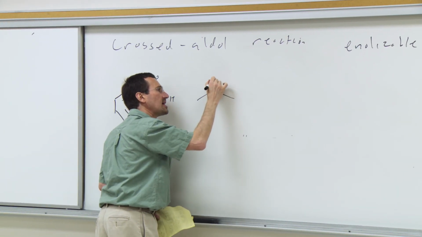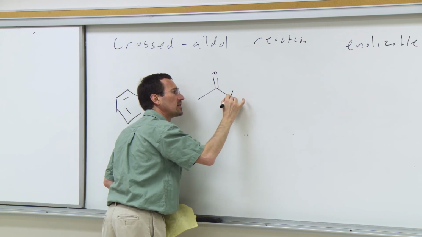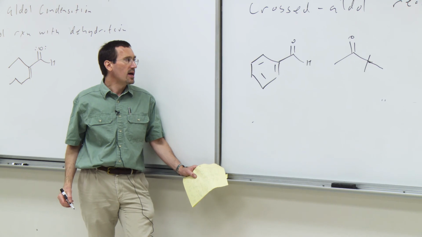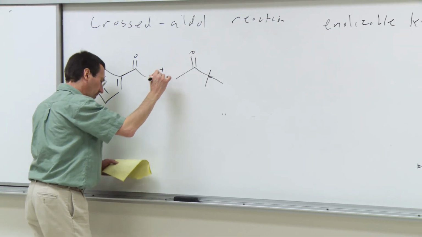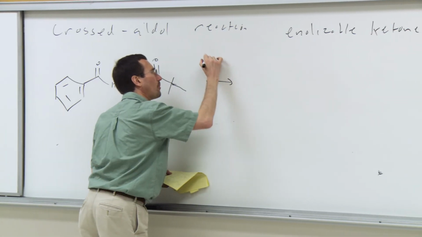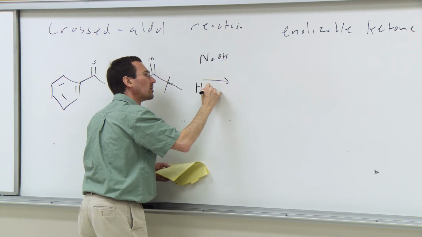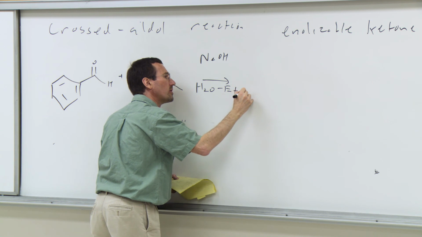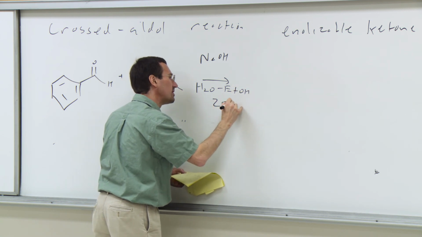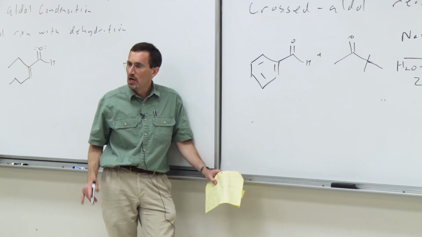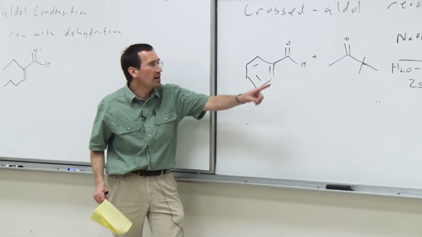And so if I take, say, pinacolone, as it's called, 3,3-dimethylbutanone, and I mix it with benzaldehyde, and cook that up with, say, sodium hydroxide in water with some ethanol added as a co-solvent, and I let them react at 25 degrees Celsius, you get aldol with dehydration.